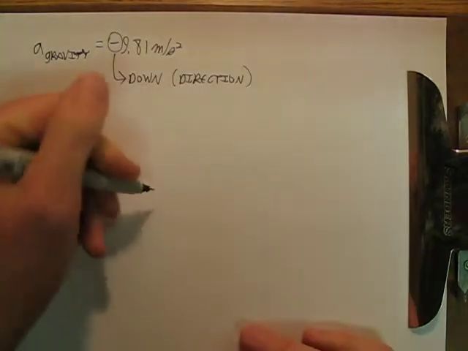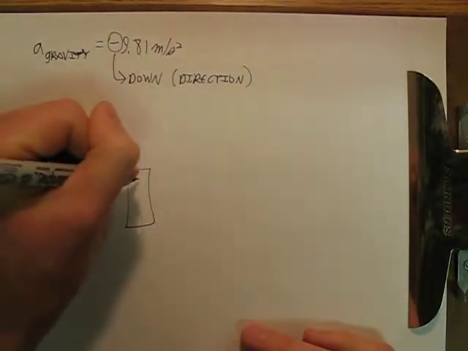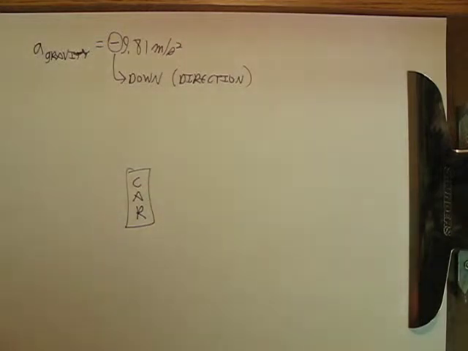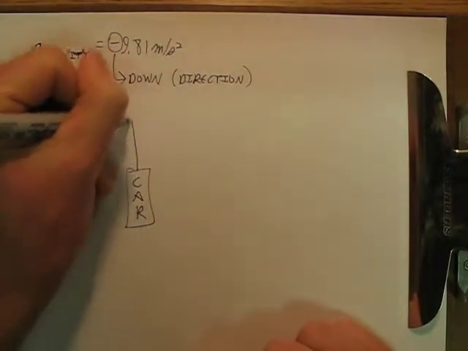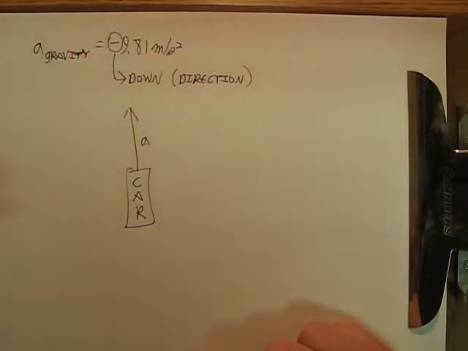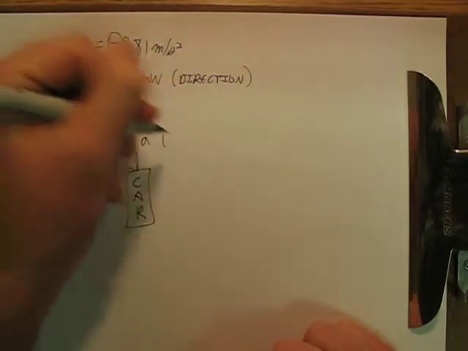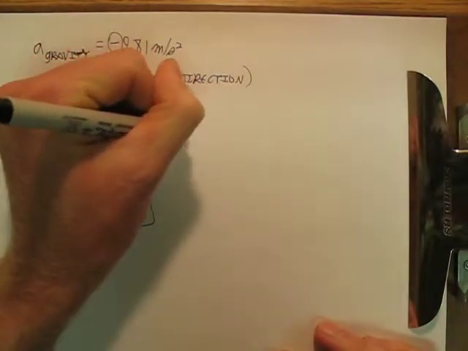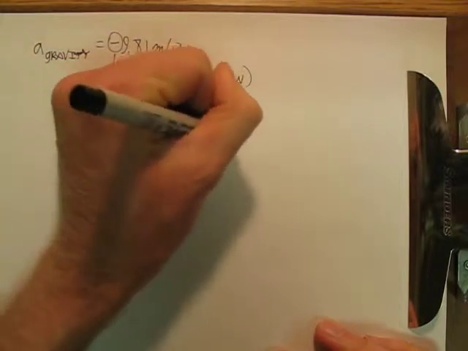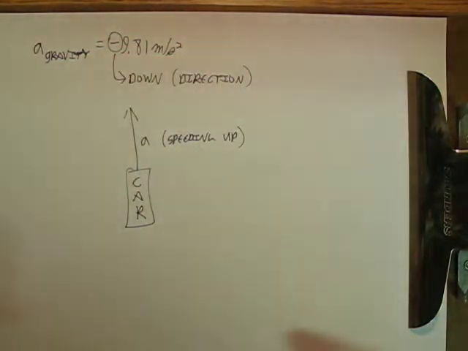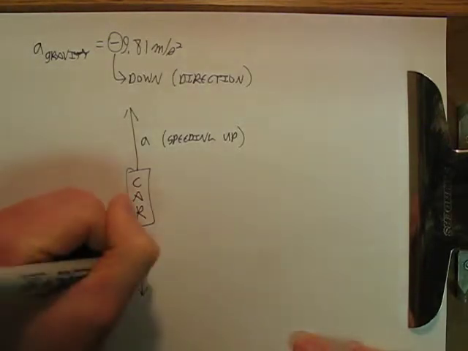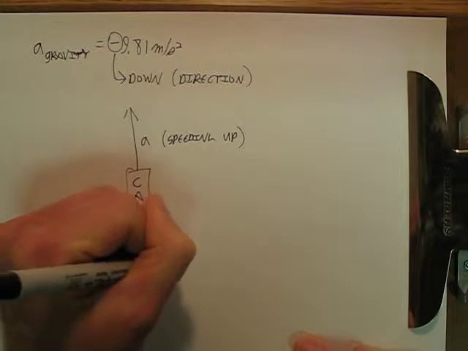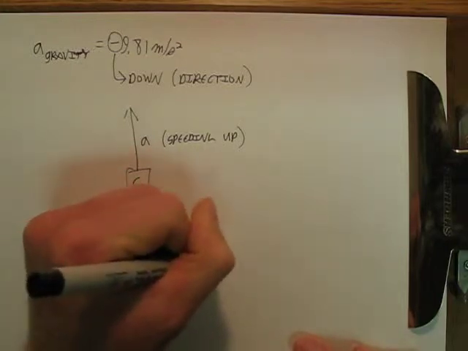So if I've got a car, here's my car. I have a couple of questions. If I'm accelerating this way, that means that basically if I'm thinking about a car, I am speeding up generally. If my acceleration is going this way, I am generally slowing down.